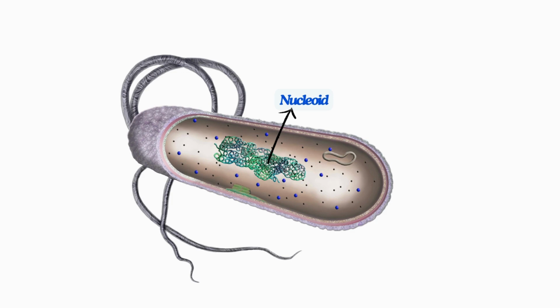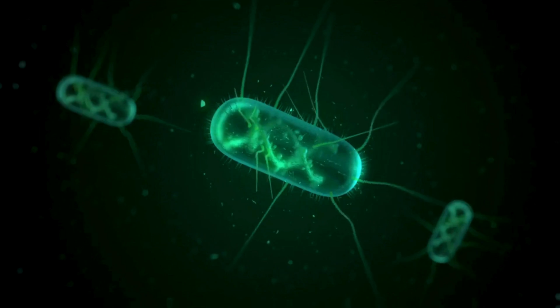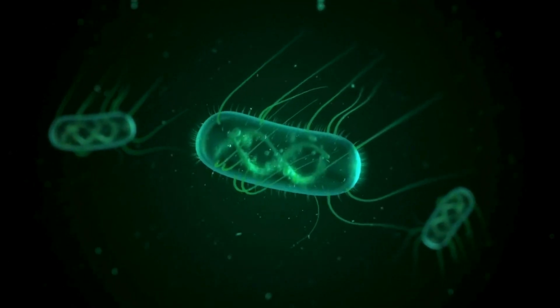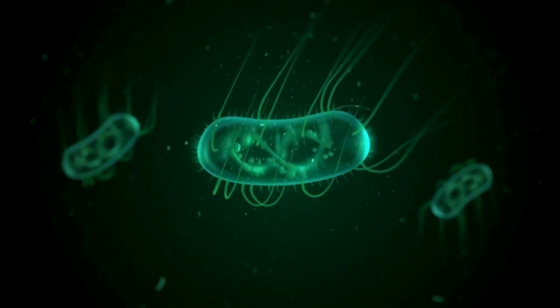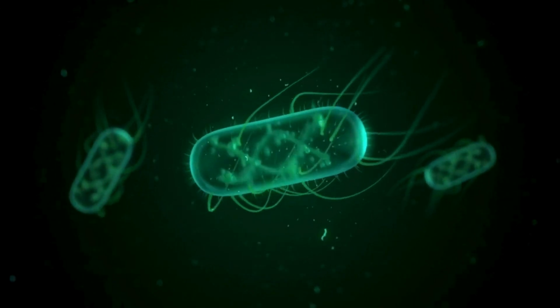The nuclear material or DNA in the cell occupies a position near the center of the cell. This material is a single, circular, double-stranded DNA molecule. It aggregates as an irregularly shaped dense area called the nucleoid.